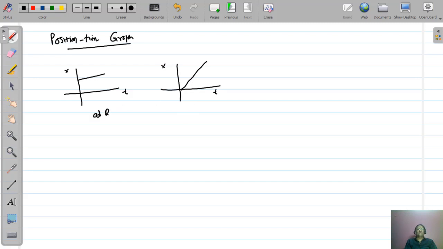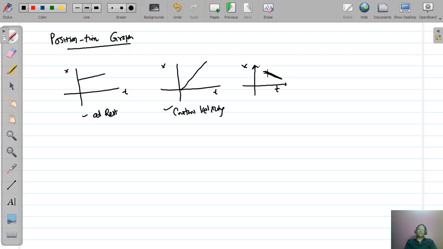It means it is at rest. The object is moving with constant velocity. If the graph is this x-t graph, it means velocity is still constant, but in negative x direction.